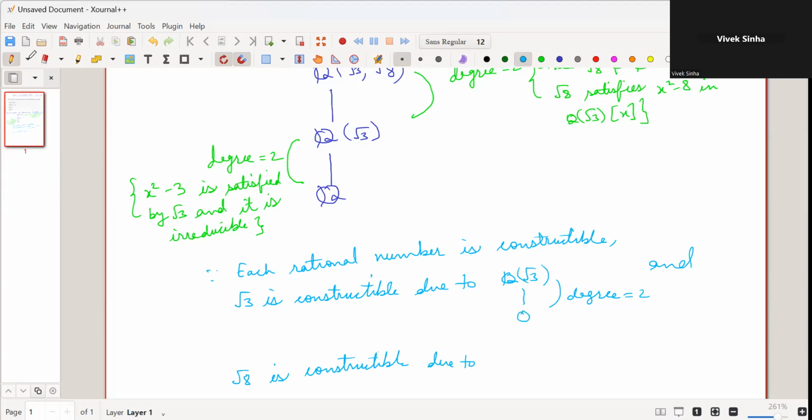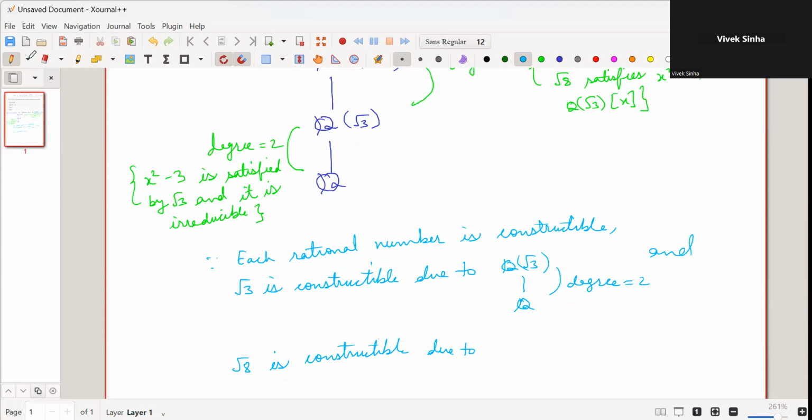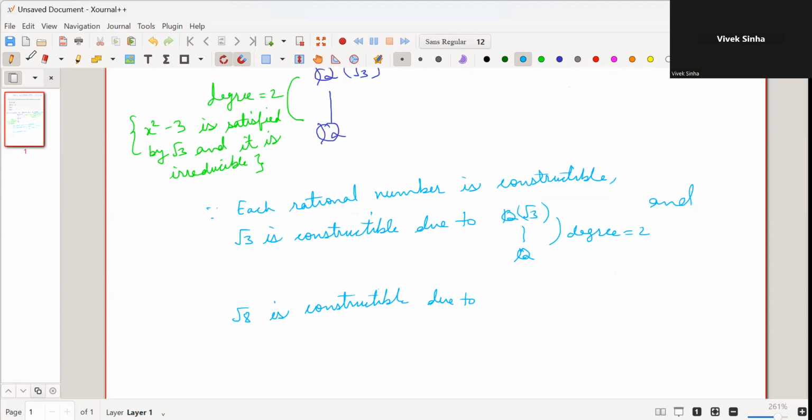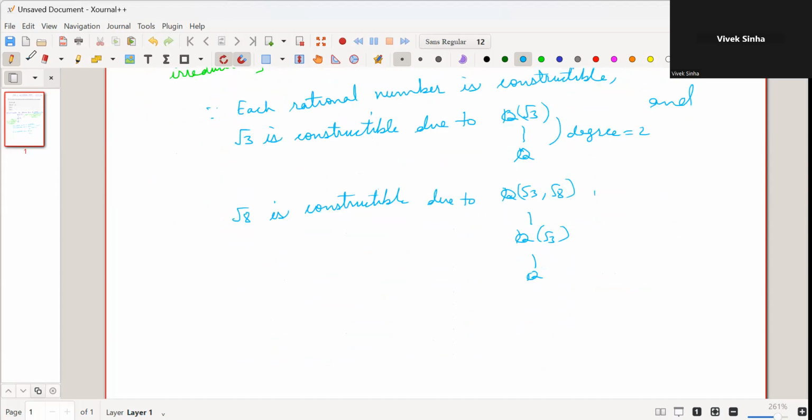So this is Q. So root 8 is constructible due to the tower, the above tower. Q root 3 root 8, and then Q root 3 and Q. These are the only ones.